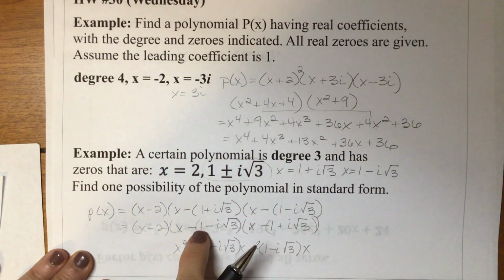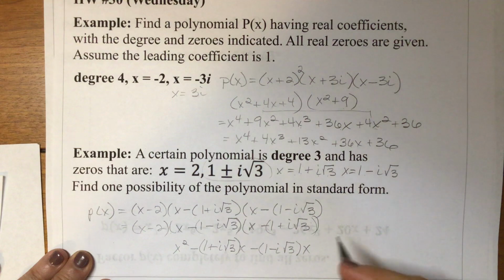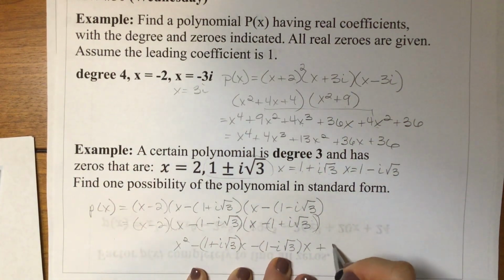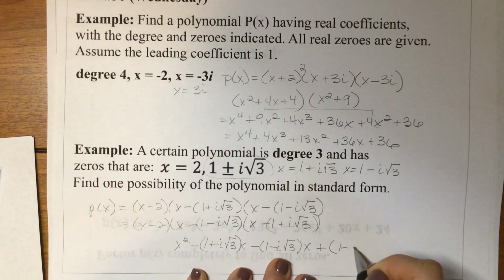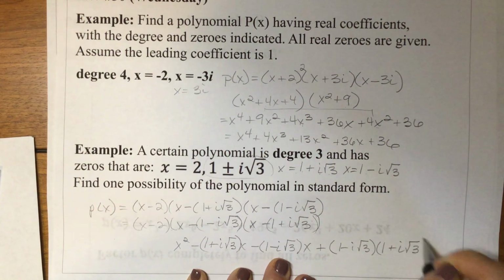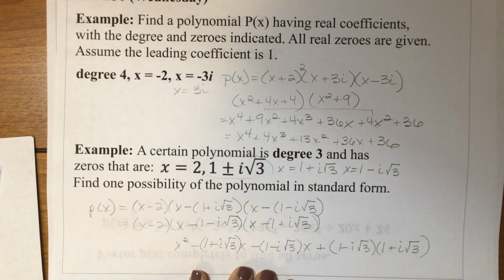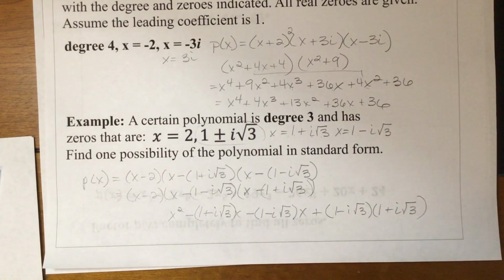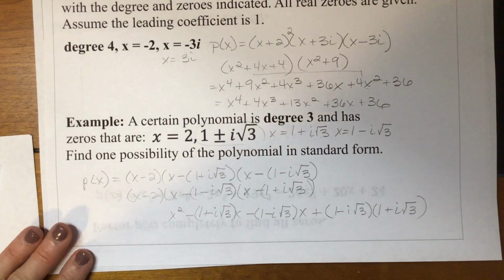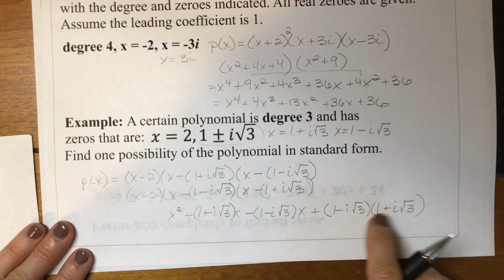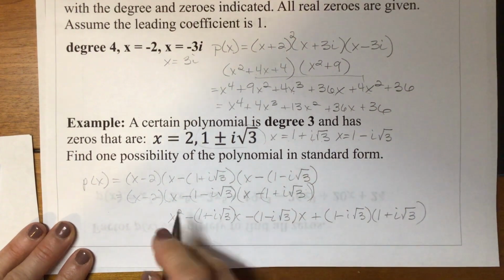And then I'm going to want to multiply these two together. That gives me a positive 1 minus i root 3 times 1 plus i root 3. So I still have a lot of work to do. I need to distribute my x's, and I need to redo my distribution, my first outer inner last, over here.